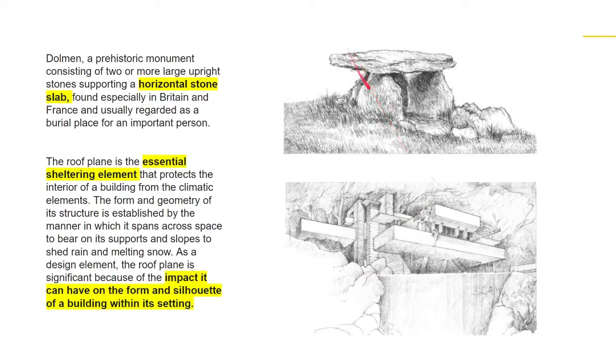As you can see, you have the base plane here, your walls, and then your ceiling or roofing plane. The roofing plane is an essential sheltering element that protects the interior of a building from climatic elements. The form and geometry of its structure is established by the manner in which it spans across the space to bear its own supports and slopes to shed rain and melting snow.